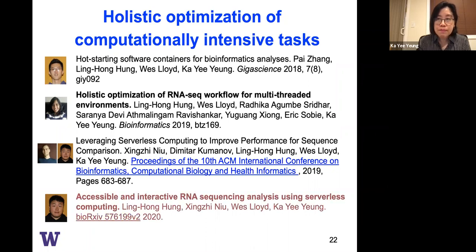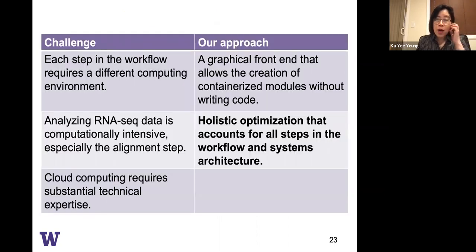So we'll focus on that in the rest of the talk. Back to our challenges slide: here we are going to address the computationally intensive challenge by performing holistic optimization that accounts for all steps in the workflow, and also by optimizing the cloud architecture as well.